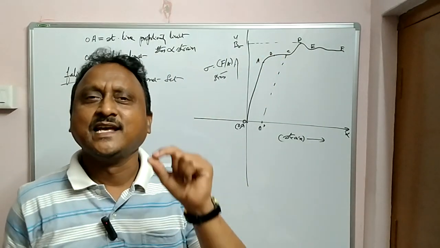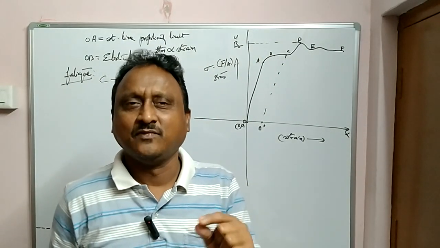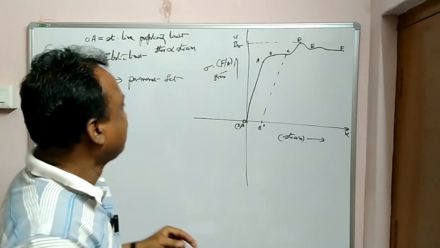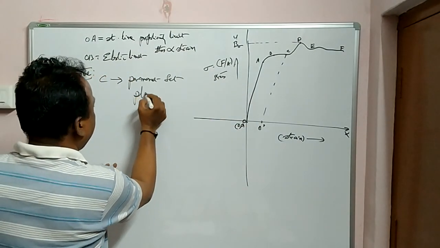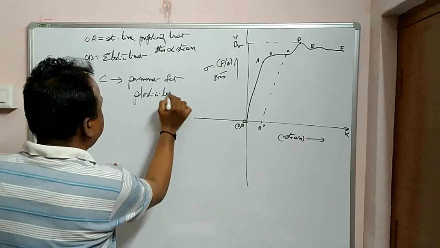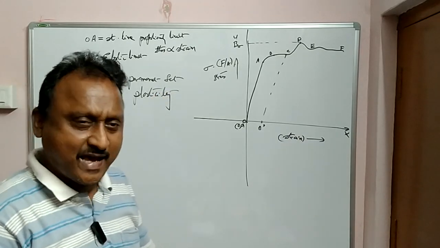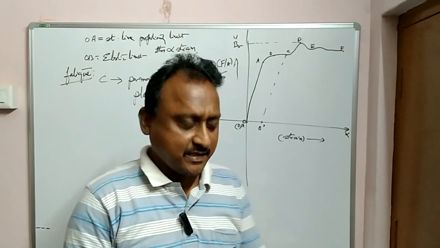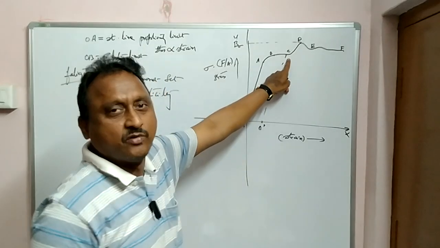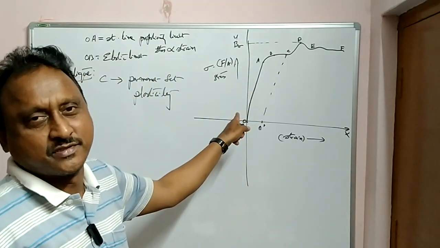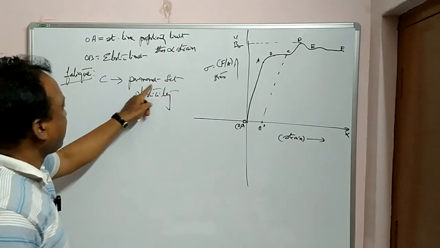It is called permanent set or plasticity. The material behaves like a plastic, not elastic in nature. That means it stays there and won't come back after removing the force. Clear? So C is called permanent set.